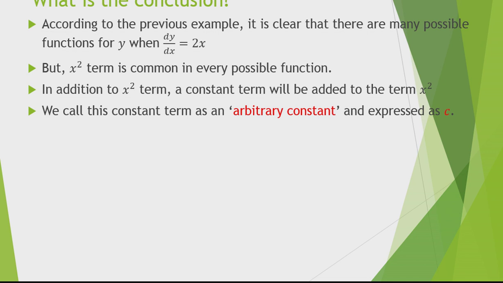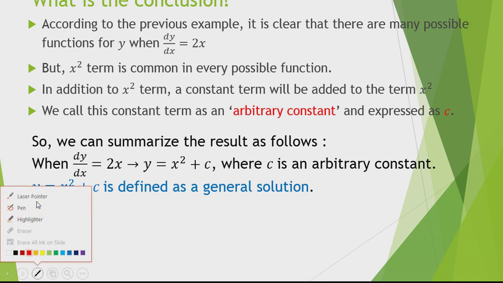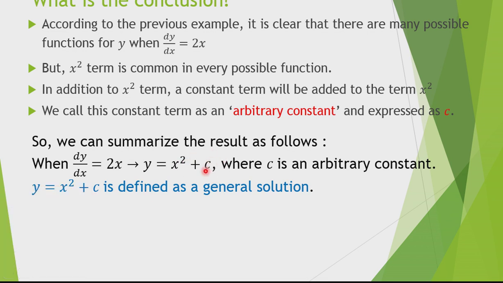So if we summarize what we have done so far, when you integrate dy by dx equal to 2x, you get y equal x squared plus c, where c is the arbitrary constant value. We define this as the general solution of the differential equation. dy by dx equal to 2x is a differential equation.